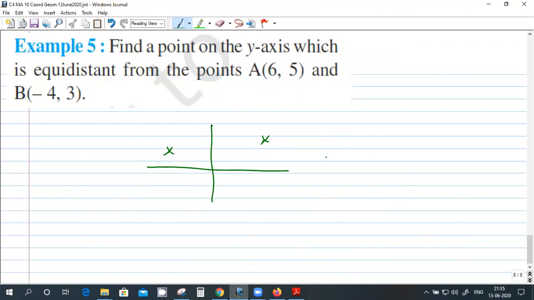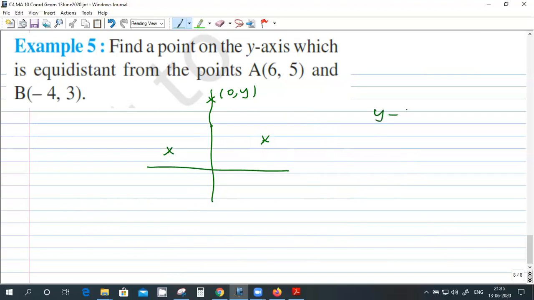So it should be the point somewhere here. So the relation will be 6 and 5. The coordinate of this point is what? It will be some y value; x should be 0, so 0 and some y value. So you have to find y.